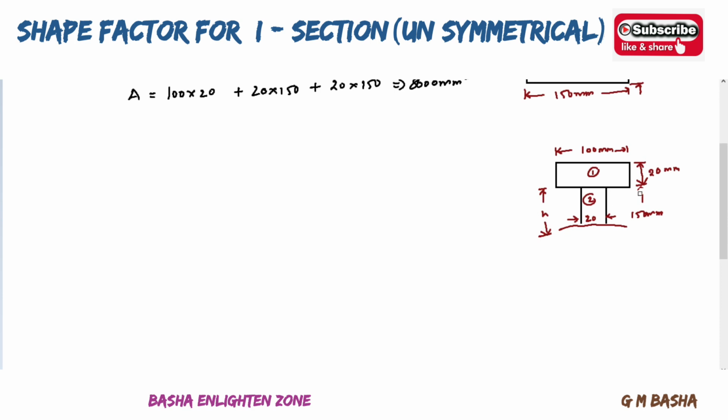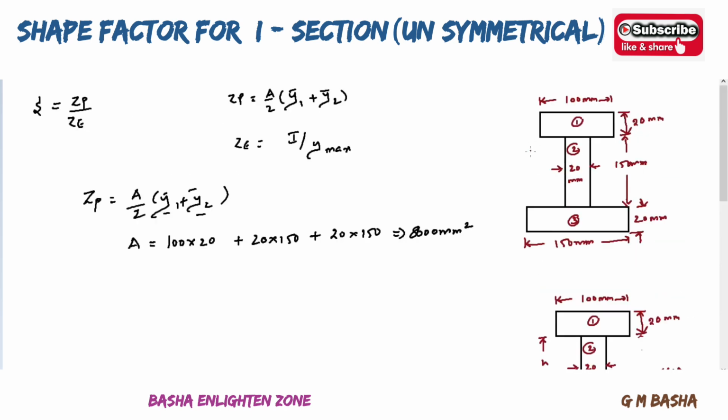In the overall I section I don't know where the equal area axis, or neutral axis, lies. So I am assuming that somewhere at a distance h in the overall height the equal area axis lies.